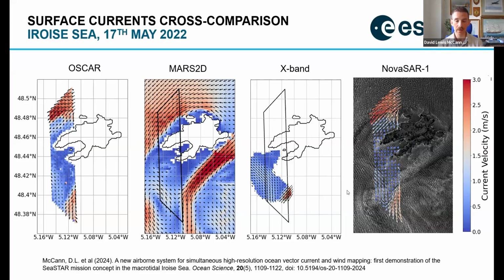I think what's really nice about this as a simple visual cross comparison is it really highlights the differences in these different methods, the position of the jets and the shear zone of this current between a numerical model, which has obviously very idealized conditions, smooth bathymetry, the X-band, which is seeing different properties of the ocean surface than we're looking at, and then of course the Novasar 1 synthetic aperture radar image, which picks up very different properties than we pick up because of its difference in incidence angle.